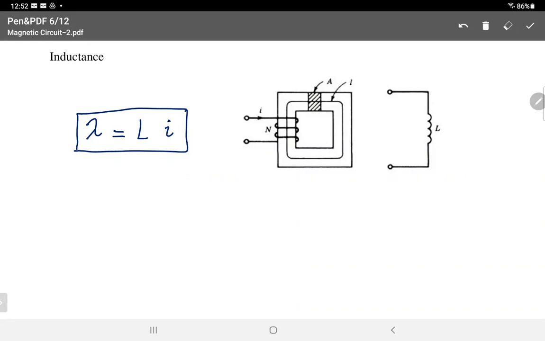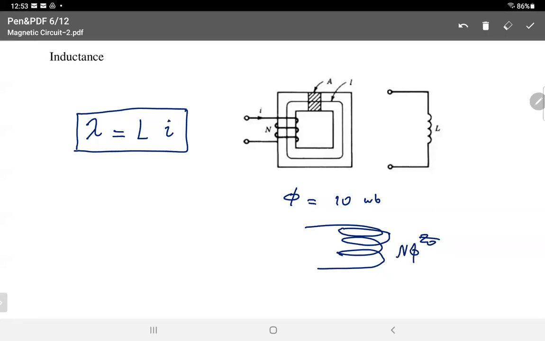If, for example, the flux is equal to 10 Weber, and you have one turn, the total flux linking is 10 times 1, 10. If you have 2 turns, you have now 20. If you have 30, and so on. So it's the flux linkage that is responsible for the whole magnetic field system.